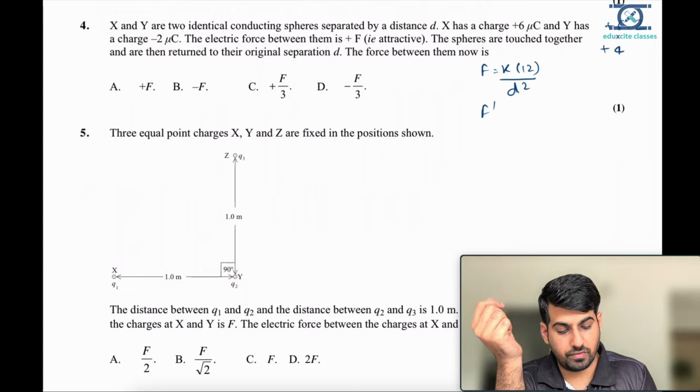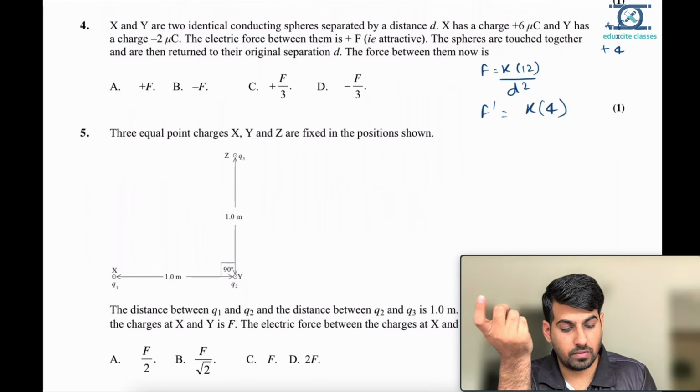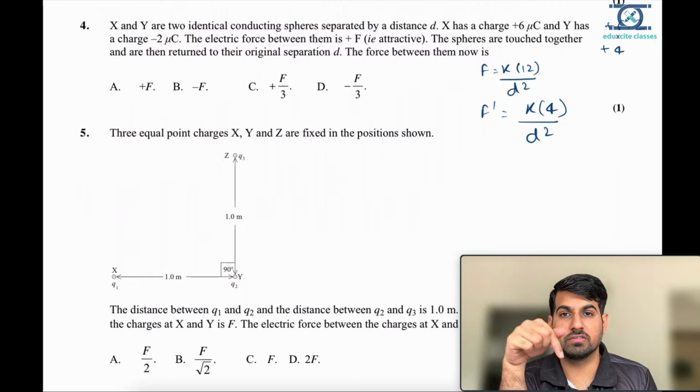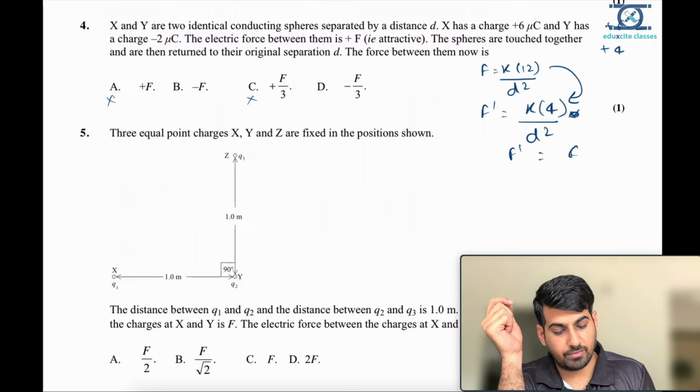So the new force F dash will be K into 2 into 2, that is 4, divided by d square. Now they will be of the same nature, so there will be a repulsion. If attraction is positive, repulsion will be negative, so these two options are incorrect. The relation is that this is 3 times this, so F dash is F by 3.